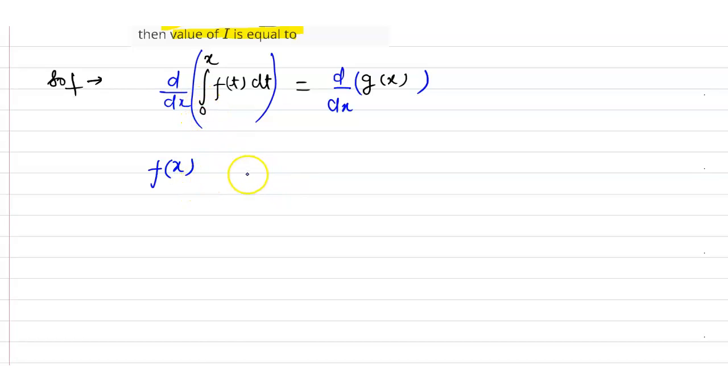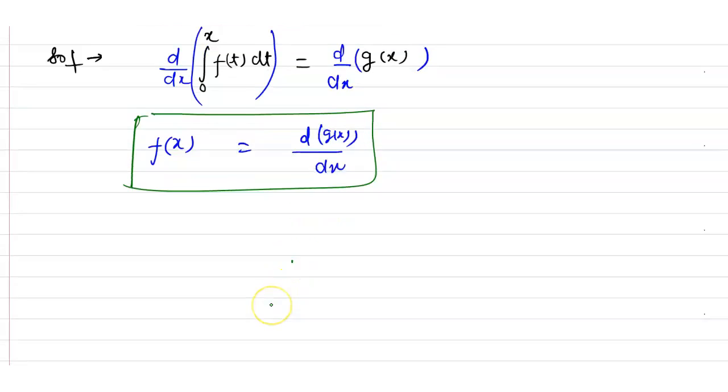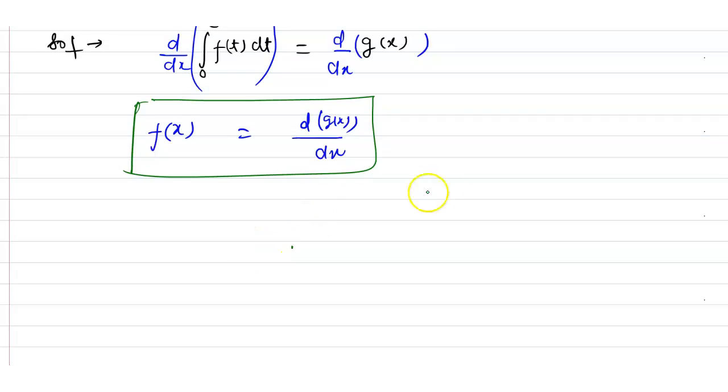That's why f(x) equals the derivative of g(x), that is dg(x)/dx. So this is my f(x). Now from here we can say that the integral from 0 to x of f(t) dt is nothing but g(x).